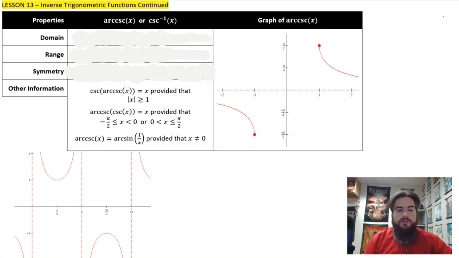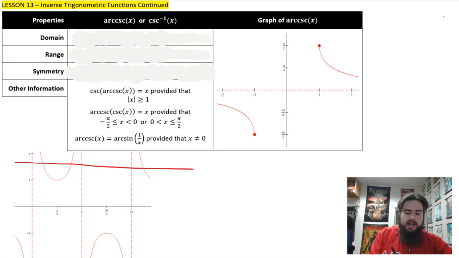If we look at the original function for cosecant, which I have in the bottom corner of the screen here, cosecant is a periodic function. Therefore, it would fail the horizontal line test because it hits multiple times on one horizontal line for that function. Therefore, the entire full inverse would actually not itself be a function.